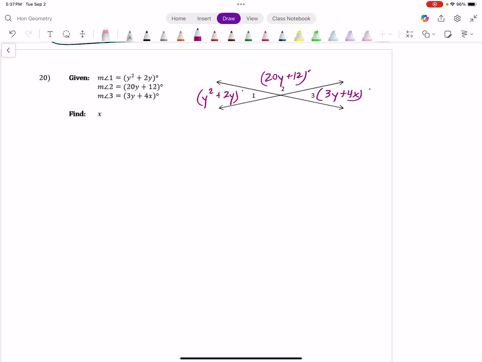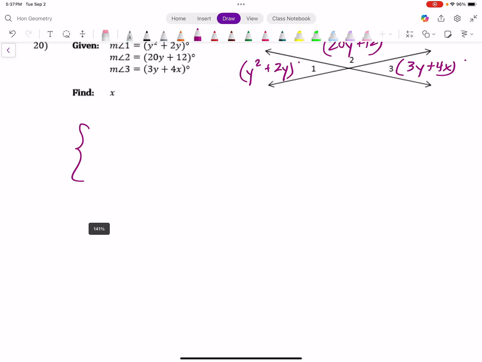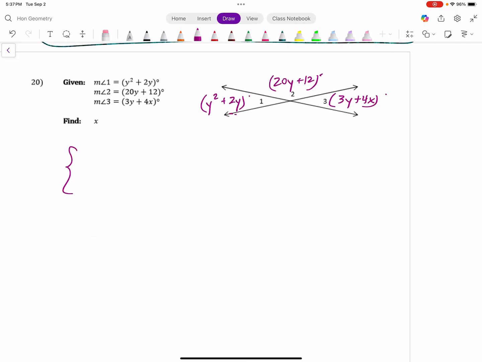All right, so I'm going to set up a system because here are the 2 things I know. I know that angle 1 and 2 are a linear pair, which is going to make their measures add up to 180 degrees. So there's one thing I know. I know angles 2 and 3 are the same thing.